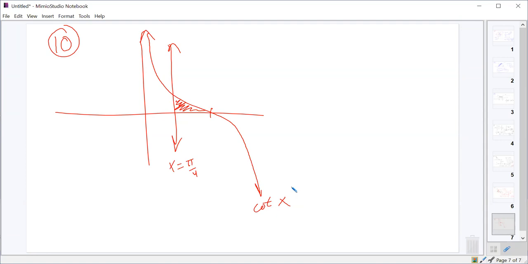And we're just looking for the area of that, so we need to figure out when does cotangent equal 0. Well, cotangent equals 0 at pi over 2. So this is just an integral from pi over 4 to pi over 2 of cotangent x dx. Everybody good with that setup or no? Hopefully.